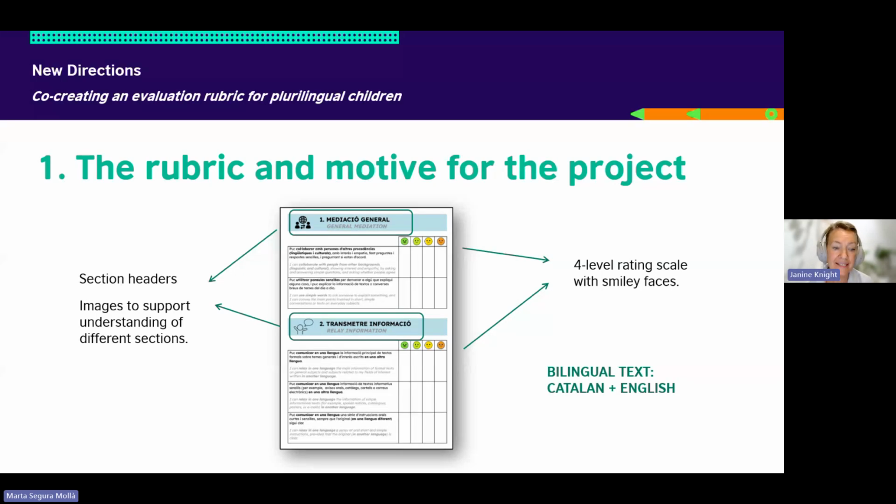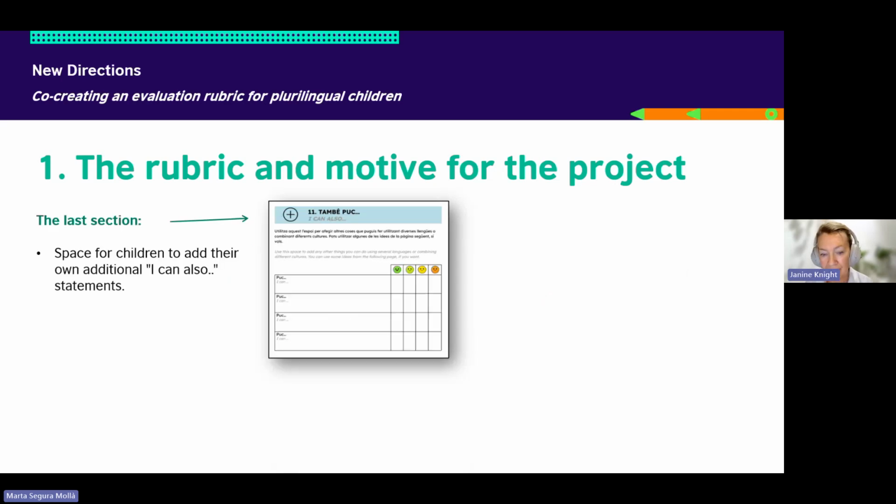There are section headers and images to support understanding of the different sections, and there's a 4-level rating scale with smiley faces. And in this version there is a bilingual text, so it's in Catalan and also in English. And in this last section, there's a space for children to add their own additional I can also.